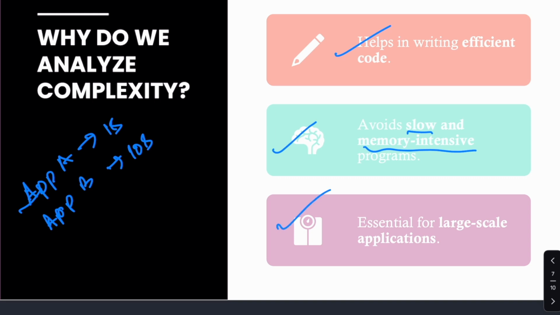The third thing is that it is essential for scaling applications. Scaling for millions of users, say in Google or Amazon or Facebook, they should be able to handle it as the number of users increases. By the end of this course, you will be able to analyze any algorithm's efficiency and choose the best one.